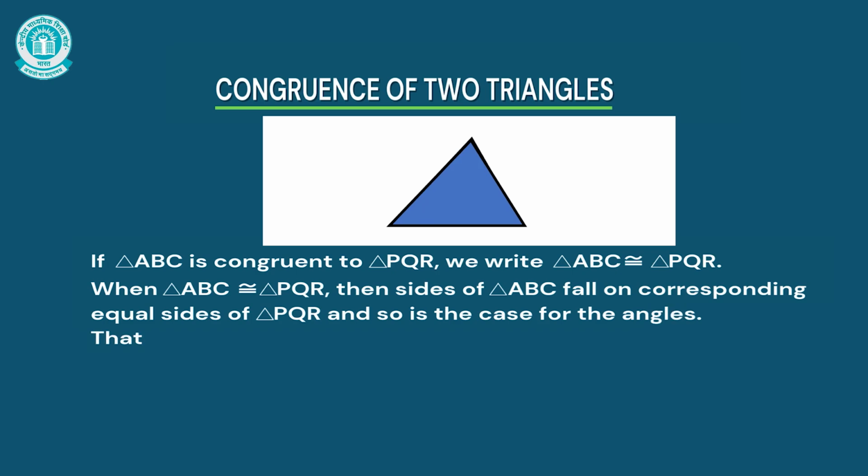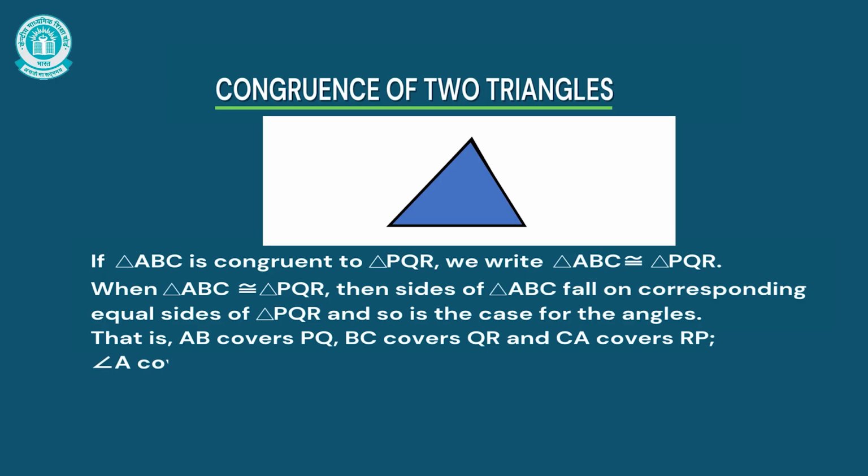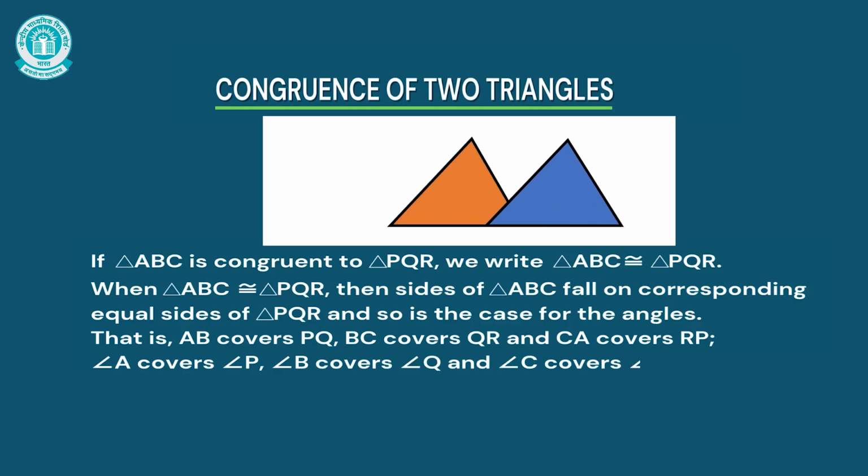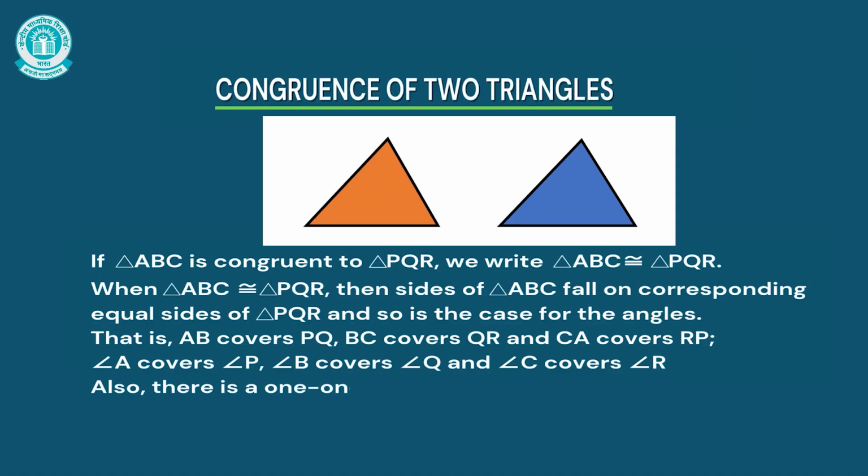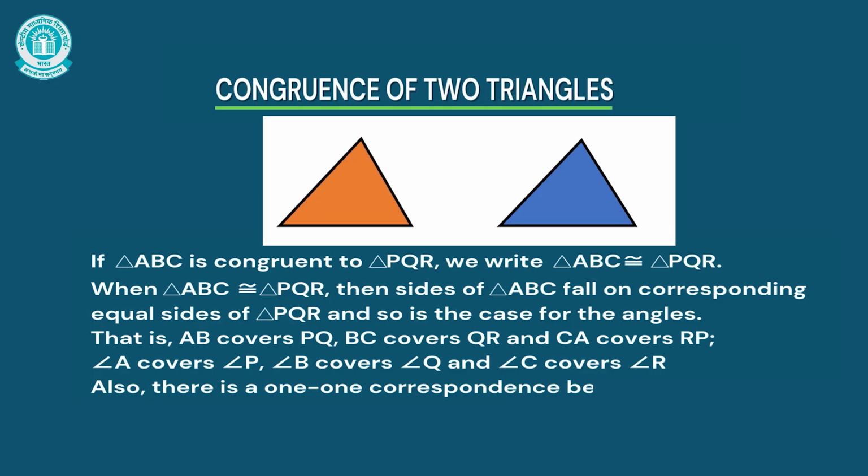That is, AB covers PQ, BC covers QR, CA covers RP, angle A covers angle P, angle B covers angle Q, and angle C covers angle R. Also, there is a 1:1 correspondence between the vertices.